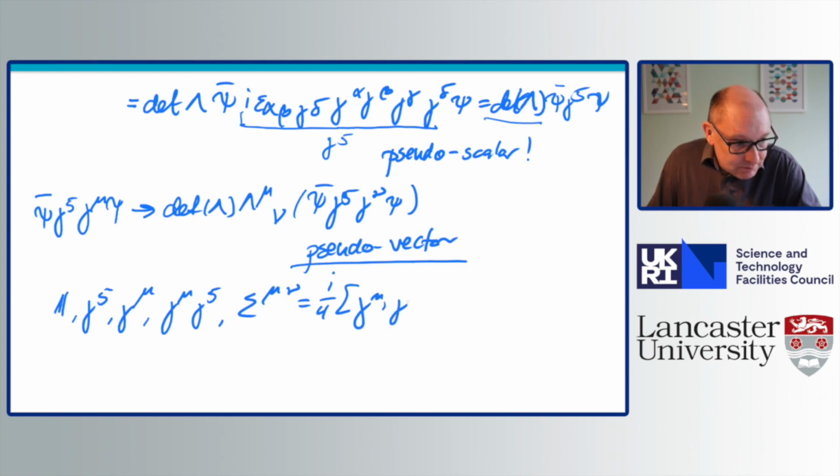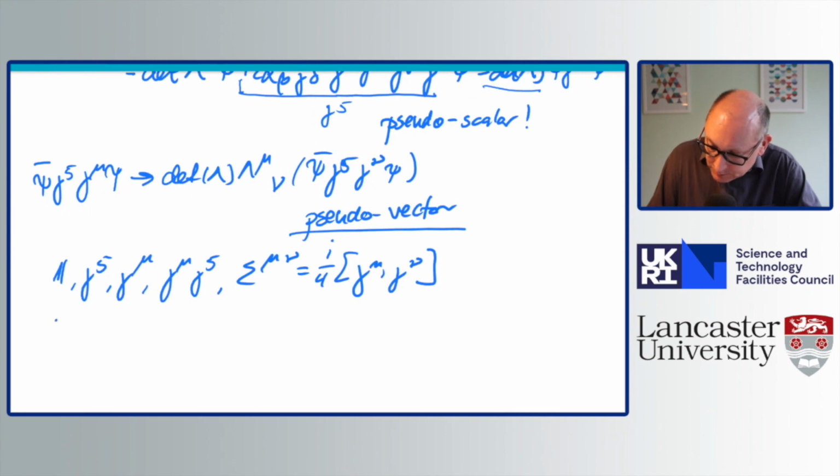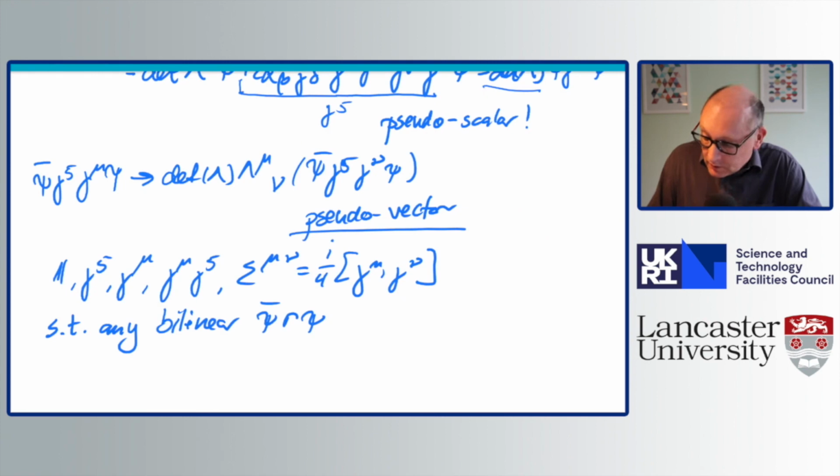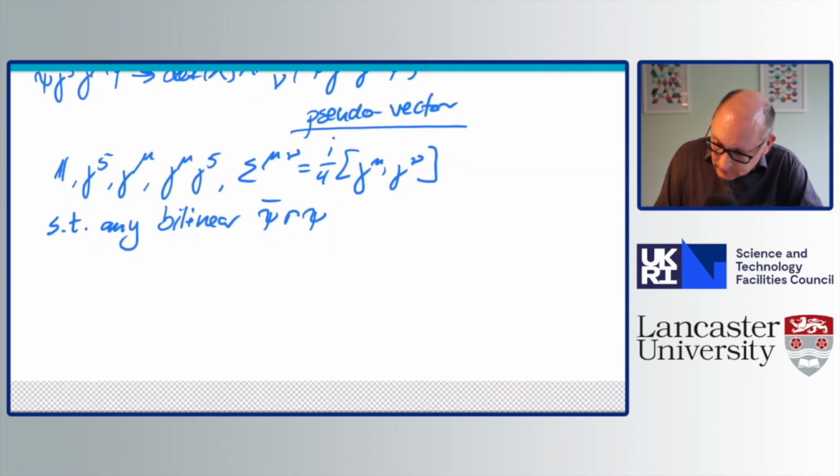So any bilinear psi bar gamma psi can be written in terms of these matrices that have definite transformation properties under Lorentz transformations. So they transform either as a scalar, a pseudoscalar, a vector, a pseudovector, or a tensor. Good.